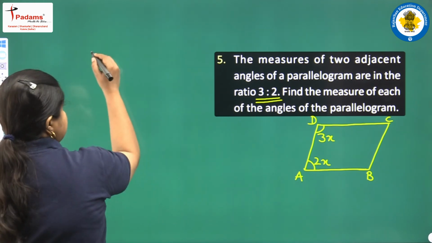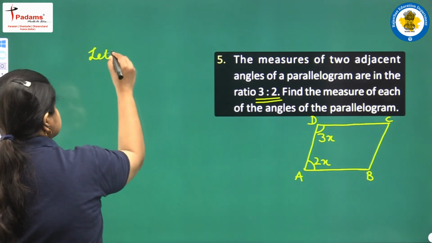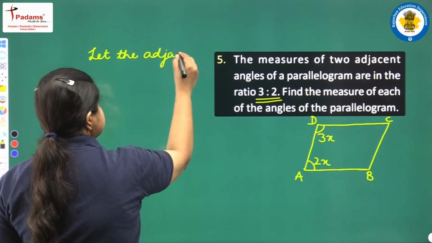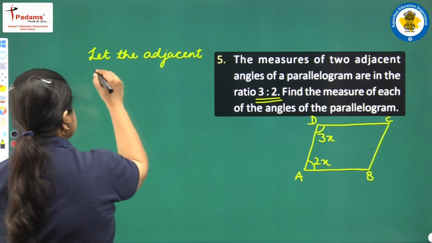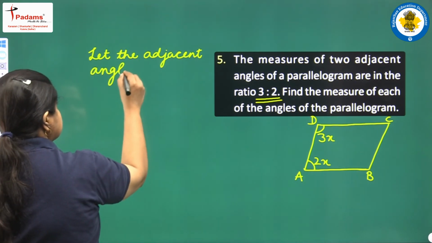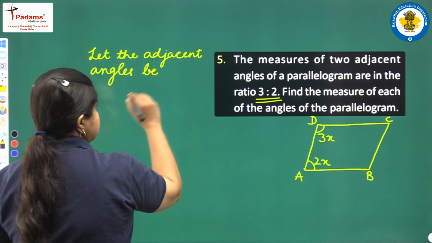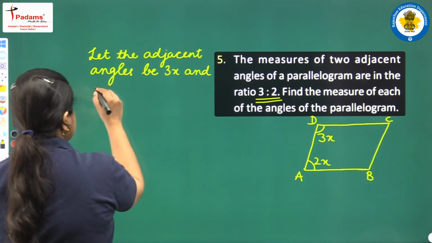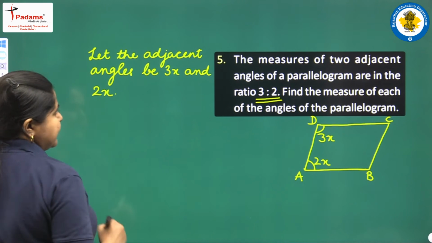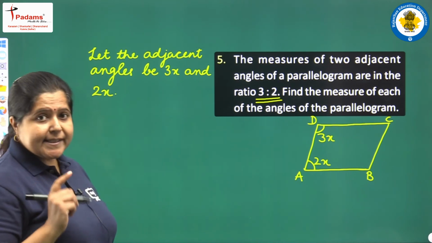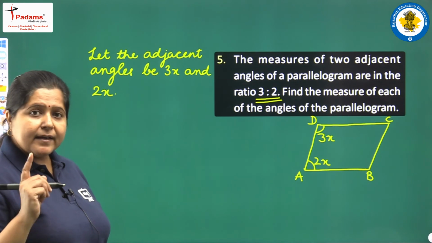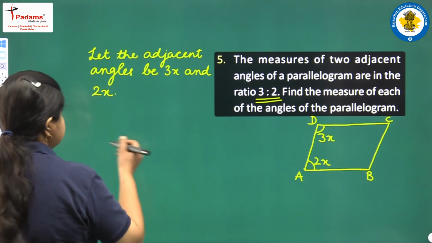So, let the adjacent angles be 3x and 2x, where x is any number. Okay. Then what is the property of adjacent angles of a parallelogram? They are supplementary. So, we can use this property.